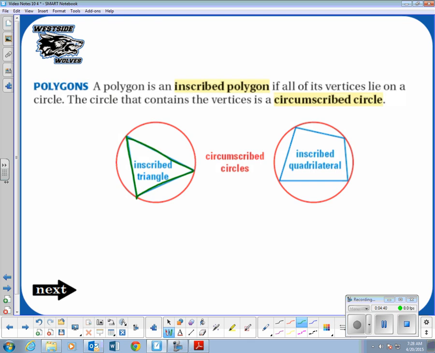And then we have a circumscribed circle, where the circle goes outside and hits each vertex of the quadrilateral. So they are both circumscribed circles, and they are inscribed quadrilaterals or polygons. So you can describe it in either way. Make sure you have that in your vocabulary, and pause the video if you need to get that down.